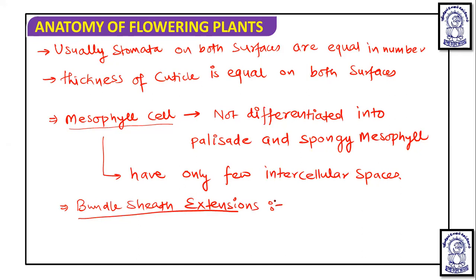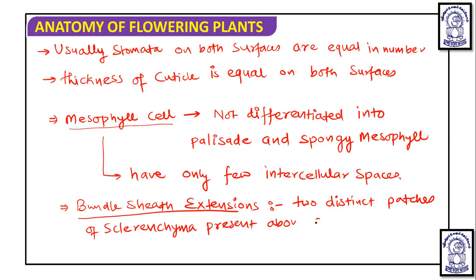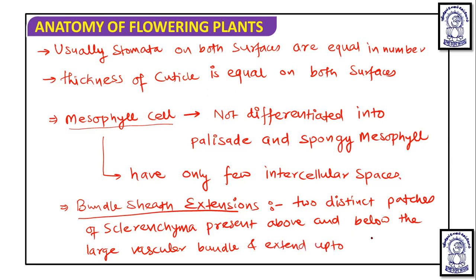These bundle sheath extensions are two separate patches of sclerenchyma present above and below the large vascular bundle, and they extend up to the upper and lower epidermis layer.